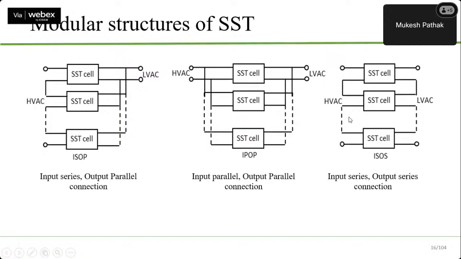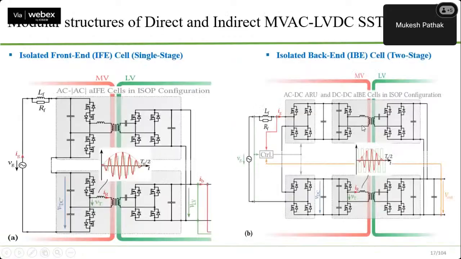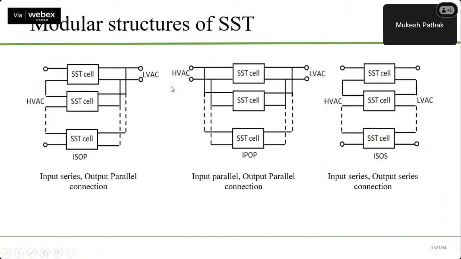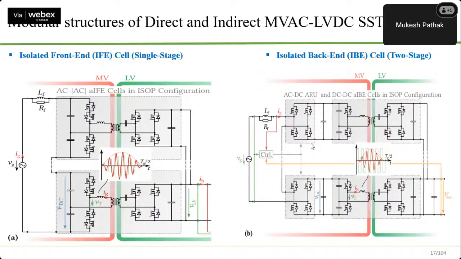So this will relieve the devices from high voltages on the input and output side. So out of the three topologies, the first one looks much more promising, but in certain situations, the second one and third one can also be of some use. So this is how the modular structure will work.